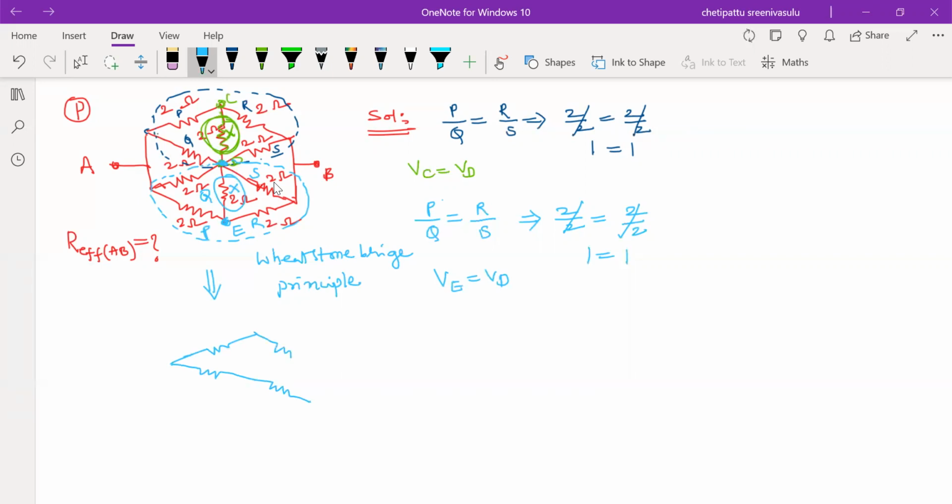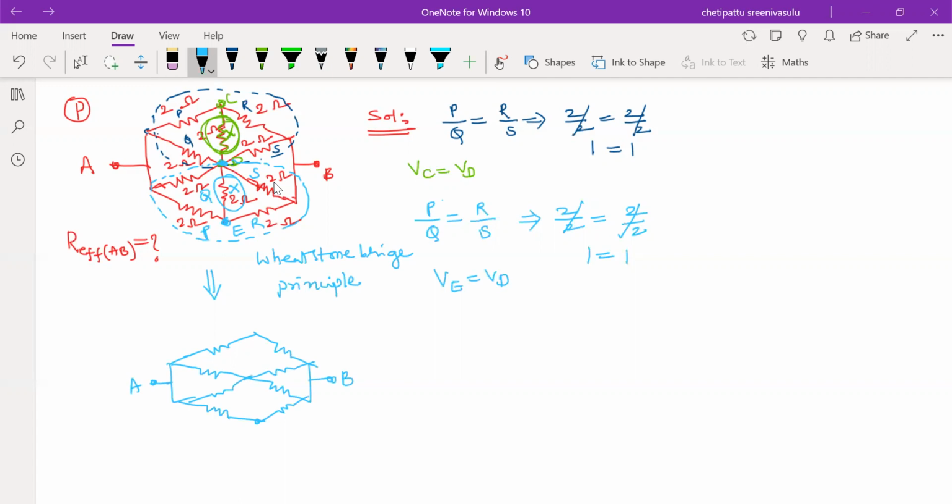This is A and this is B. Now the circuit will modify like this.